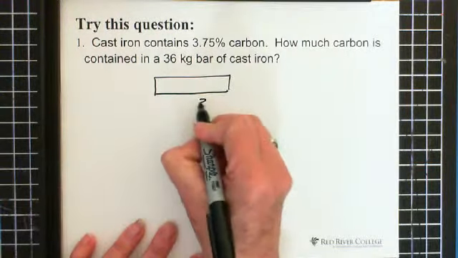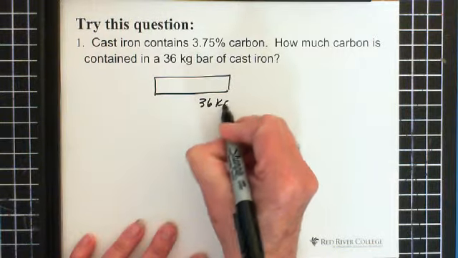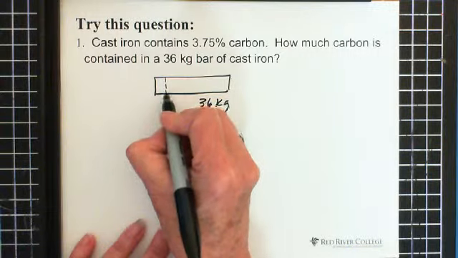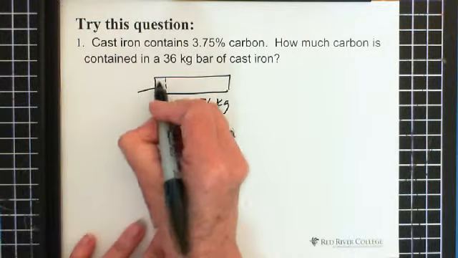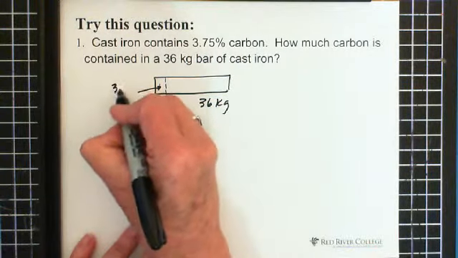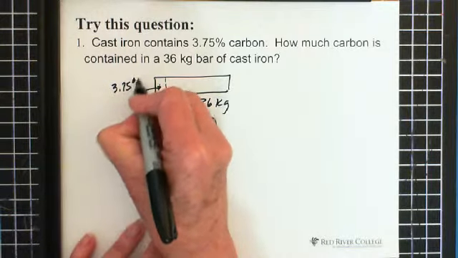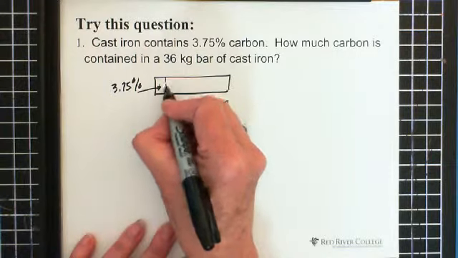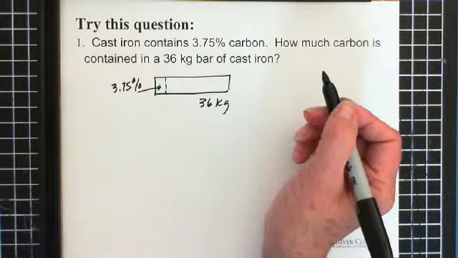It's a 36 kilogram bar. And let's pretend right here is our carbon, and it's 3.75%. Of course, I know that the carbon's dispersed throughout, but it's easier to see visually if we just put it right here. Okay?